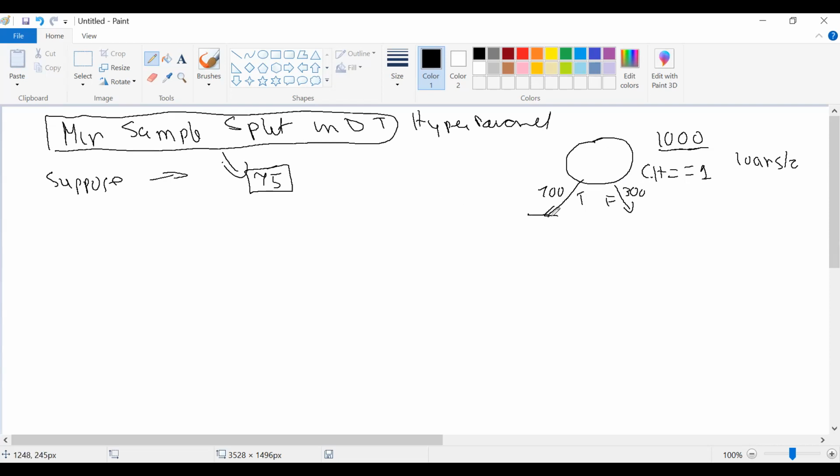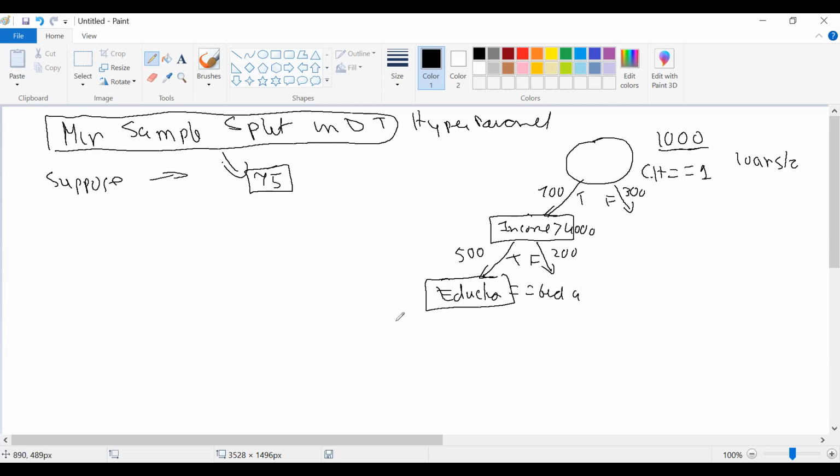Out of these 700 people, you check their income. And you are saying if income is greater than $4,000, then the splitting would be based upon these 700 only. Out of these 700, let me say 500 satisfy this condition and 200 do not. Then you are saying education equal to graduate.